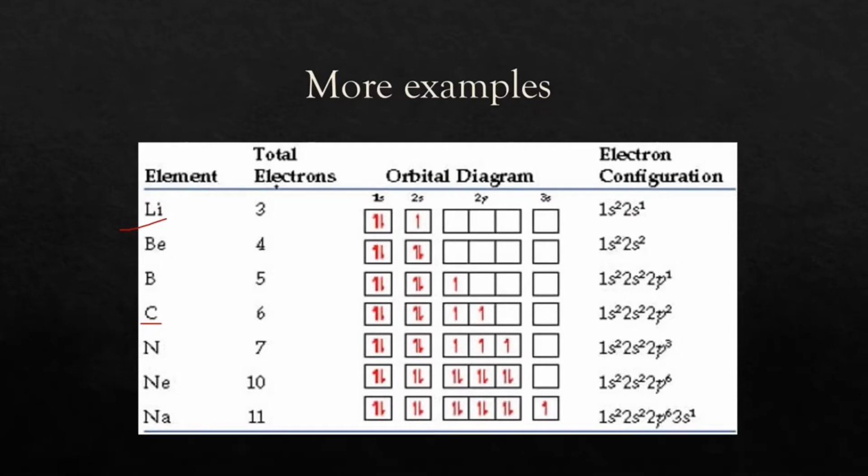The first answer, lithium, which has a total of 3 electrons, is a metal because it has only 1 electron in the valence level. Second example, C6, has 4 valence level electrons, which means it's a nonmetal.